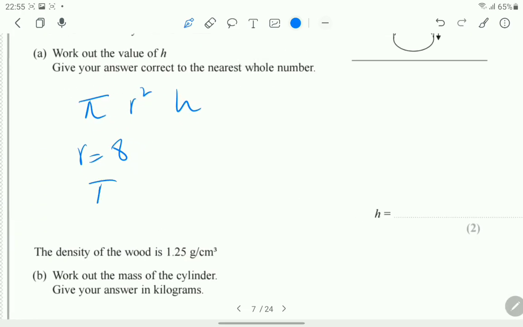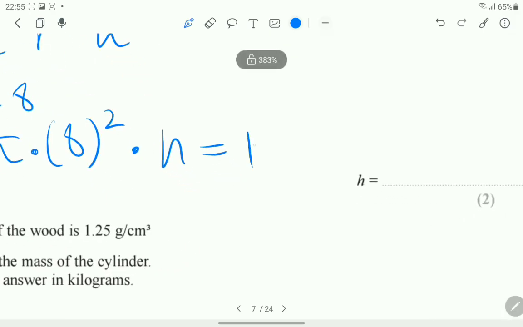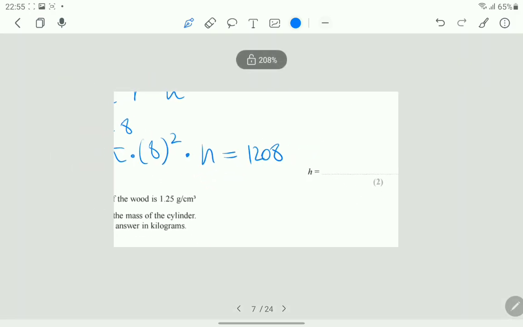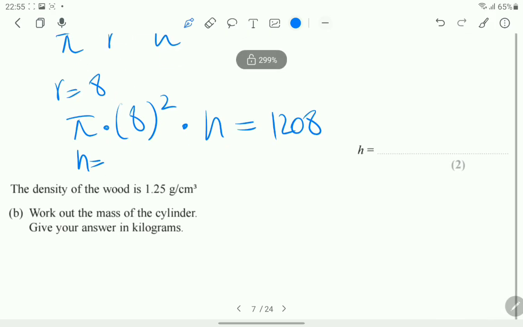So simply, using what's given to us, and the volume is also given, 1208, we find out h. 1208 divided by 64 times pi.